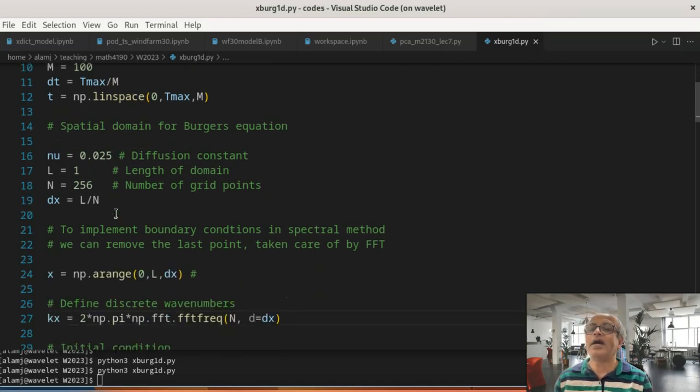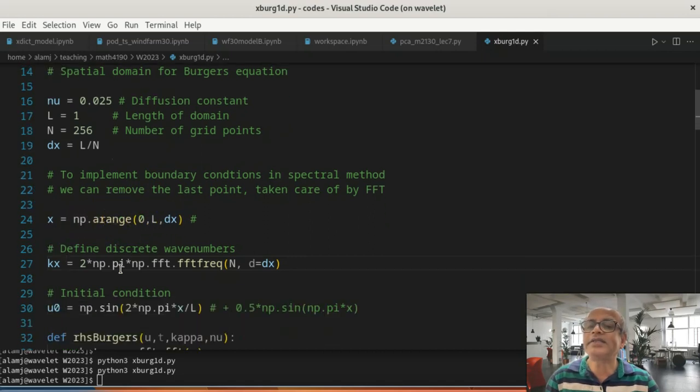For the space I have taken here from 0 to 1, so L is 1. I have taken 256 grid points, and then I have delta x, and then the value of x, or the x grid.